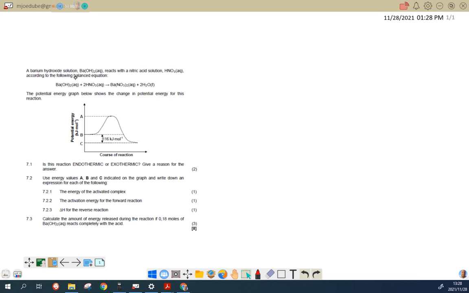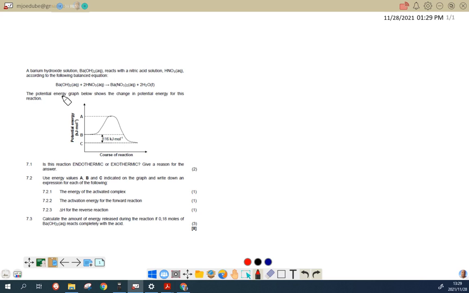So the equation is already balanced. It's important that you take note of that. The equation is Ba(OH)2 plus 2HNO3 to give you barium nitrate plus 2H2O.